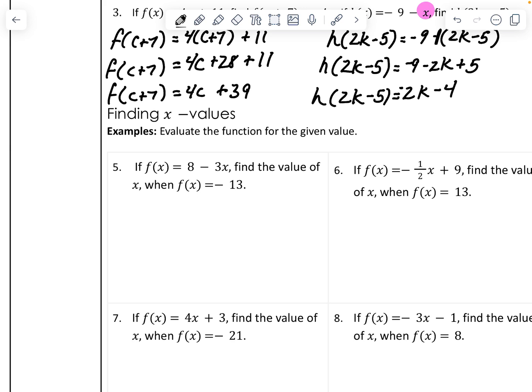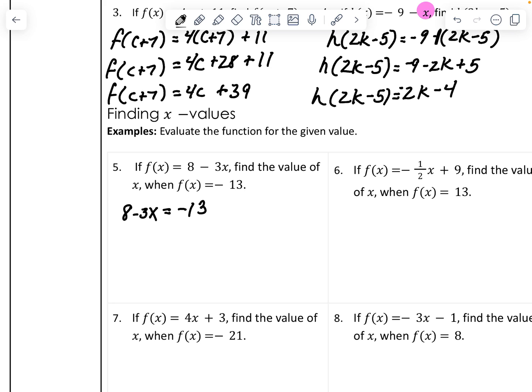It's giving me the y. So what I'm going to do is solve for the x. So now I can say when 8 minus 3x equals negative 13, I know the output.